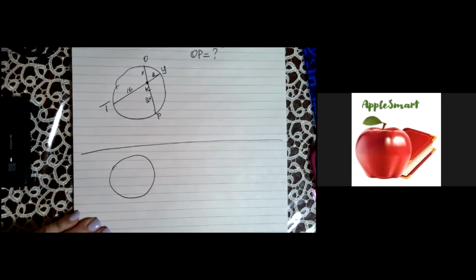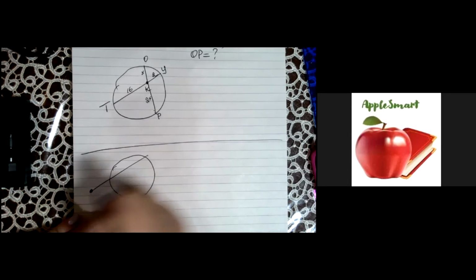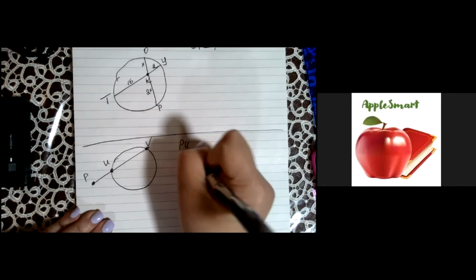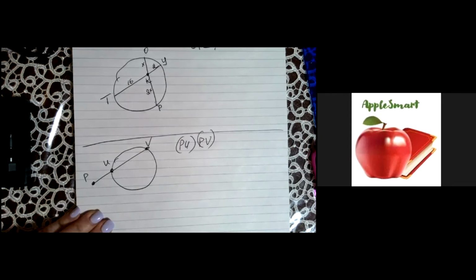Suppose that a line through a point P intersects a circle in 2 points, U and V. The theorem states that for all such lines, the product of PU by PV is constant.